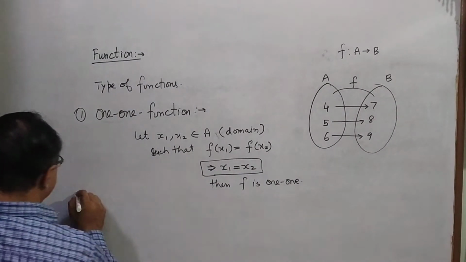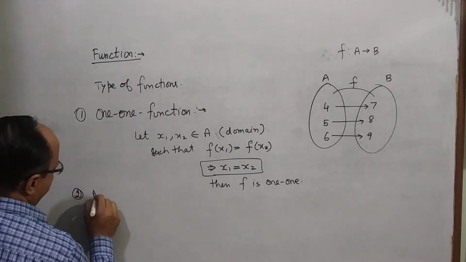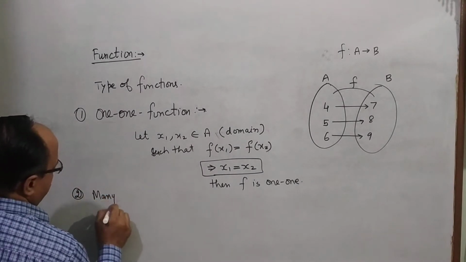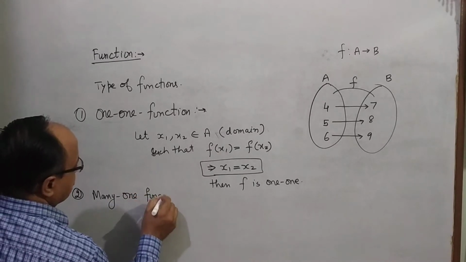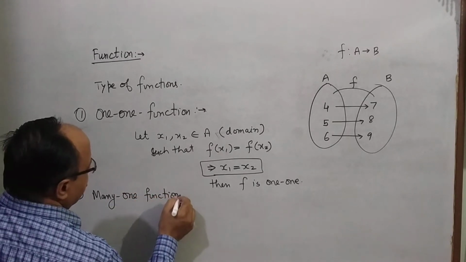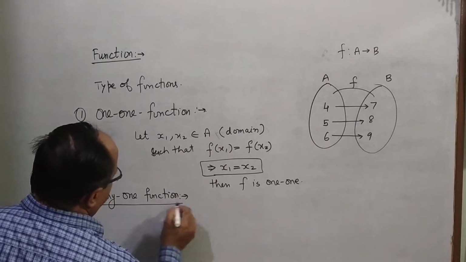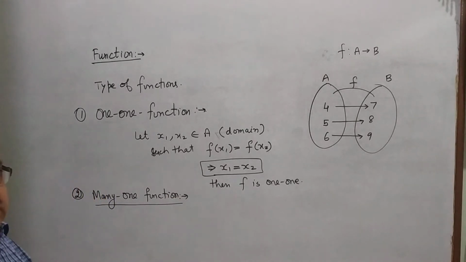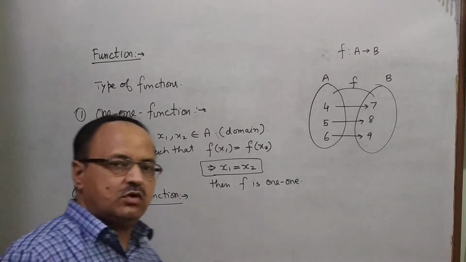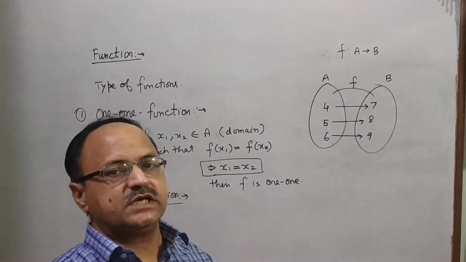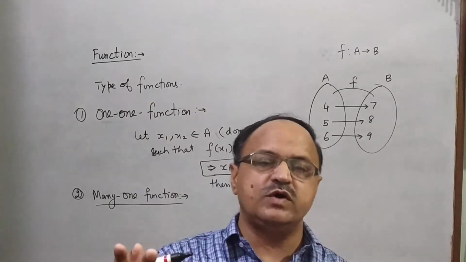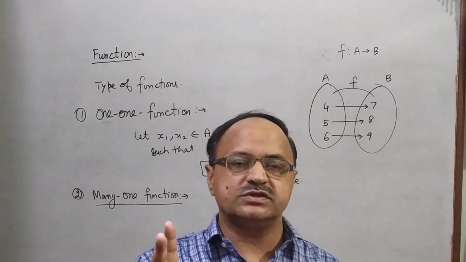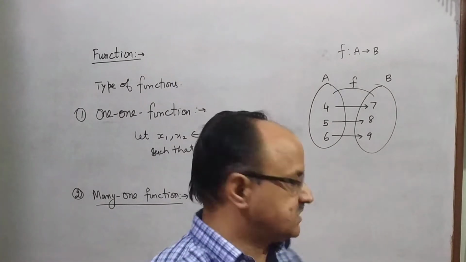Second, many-one function. If the function is not one-one, then it is called many-one. Or you can say two or more than two elements have the same image.